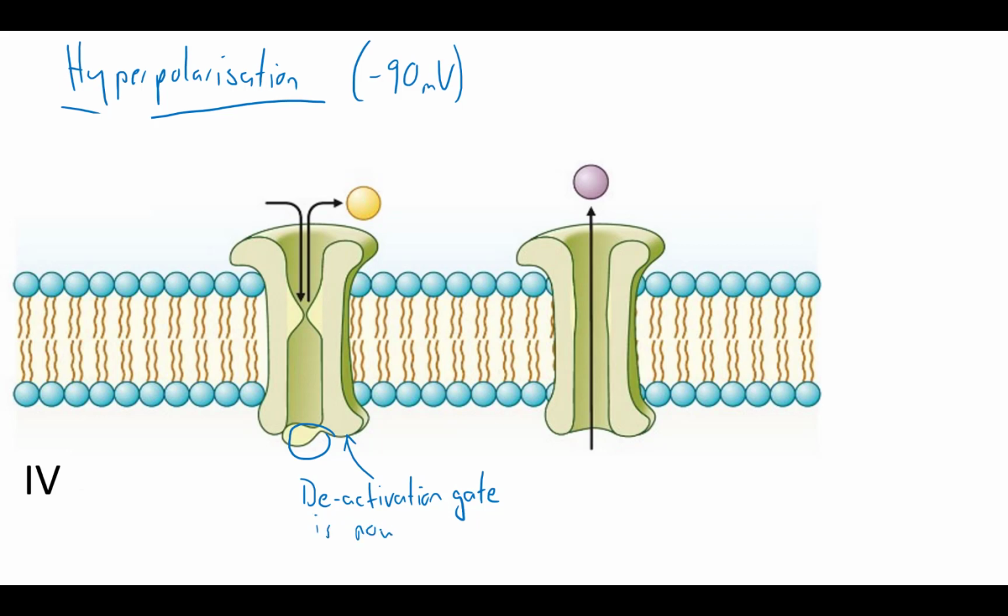So what this means is, no matter what happens, the sodium channels can no longer be activated. So even if there is a second action potential following straight up, the sodium channels are in fact deactivated for a little while. So while the charge is so negative, and also because it's just gone through an action potential, these sodium channels are deactivated for a short time.